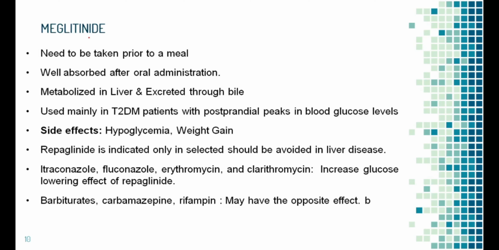Mainly these drugs are used in type 2 diabetes mellitus with a post-prandial peak in blood glucose level. They have weaker binding affinity and quick dissociation rate from the binding site, therefore their duration of action is short.